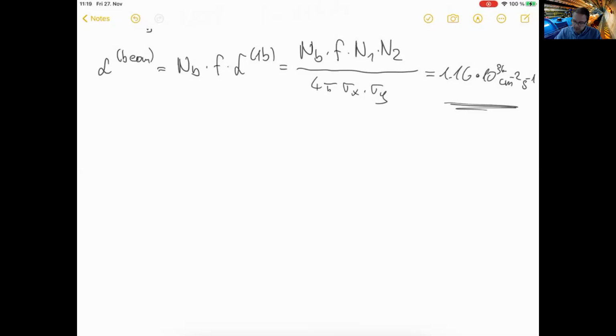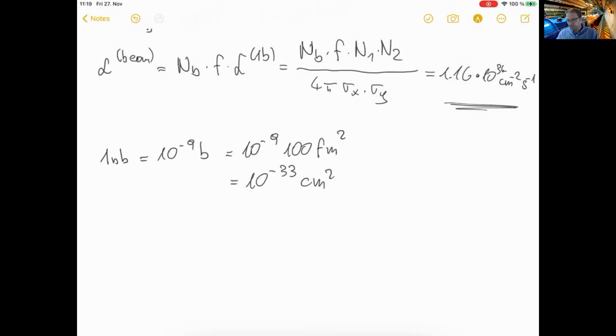We change the units. Let's see what a nanobarn is. A nanobarn is, of course, 10 to the minus 9 barn. What was a barn again? A barn was 100 square Fermi. So we have 10 to the minus 33 centimeters squared.